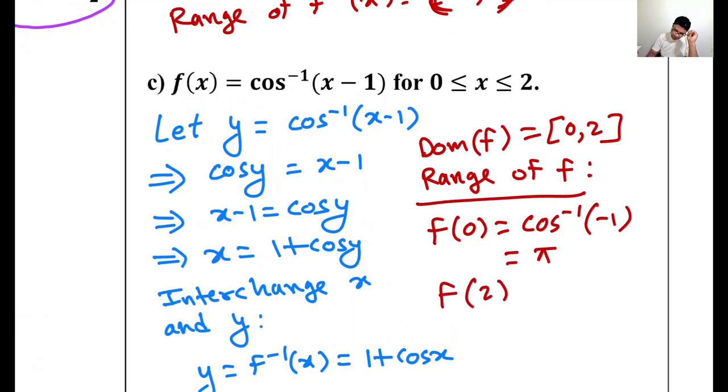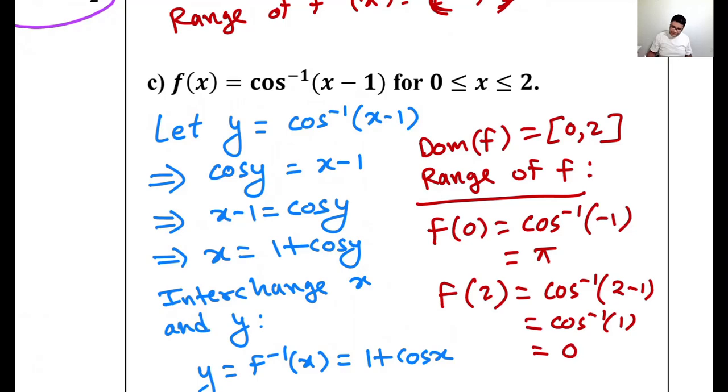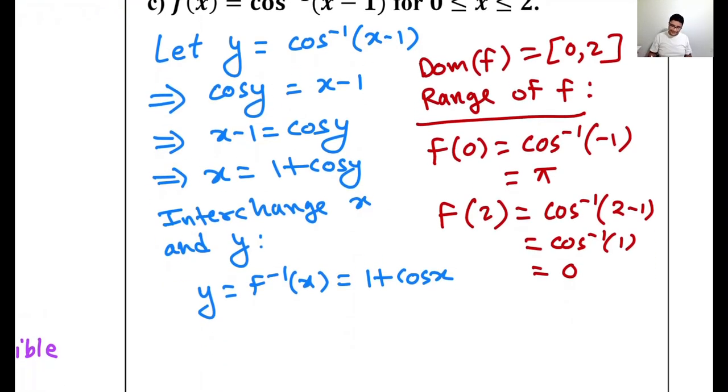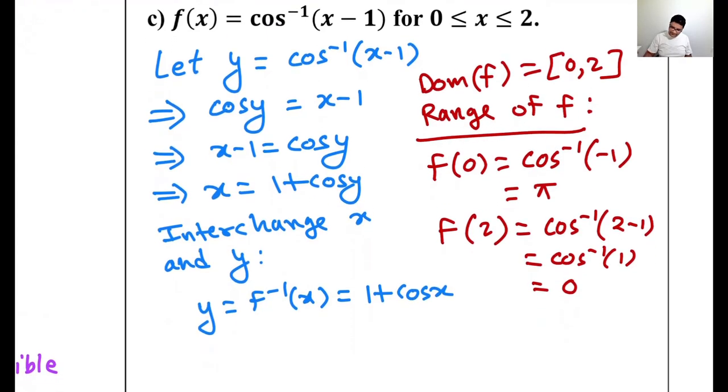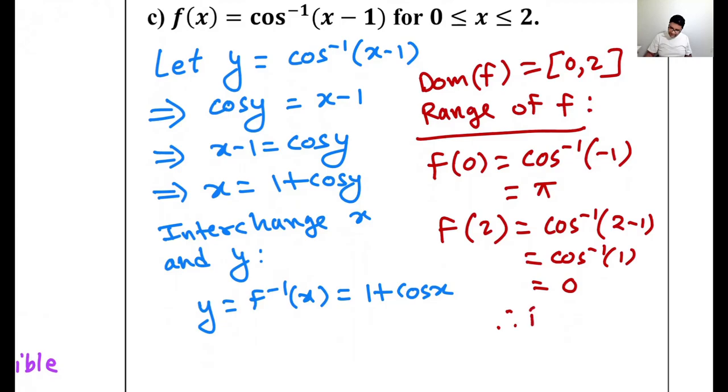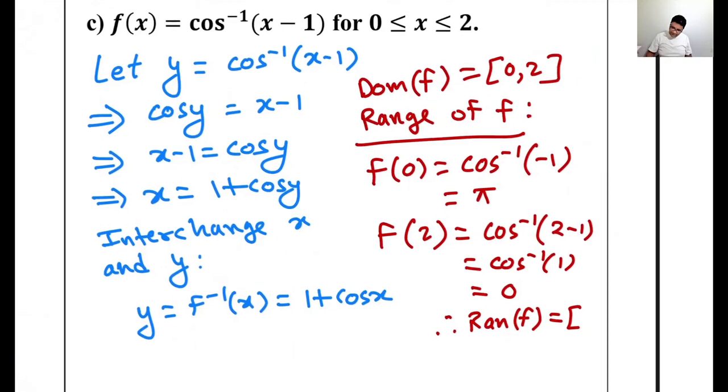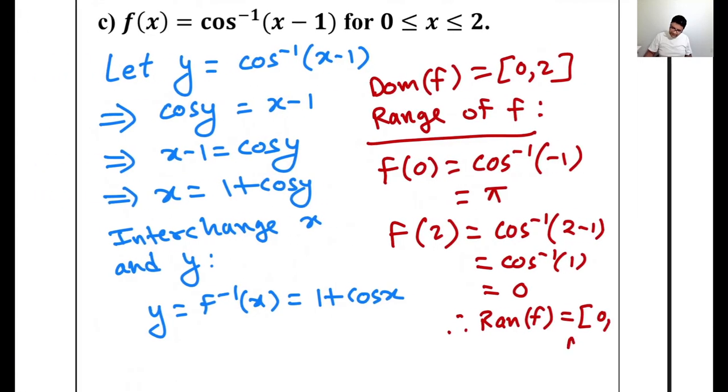And if you plug in 2, you get cos inverse of 2 minus 1, that is cos inverse 1, that happens at 0, right? So I can say the range of the function f is 0 to pi.